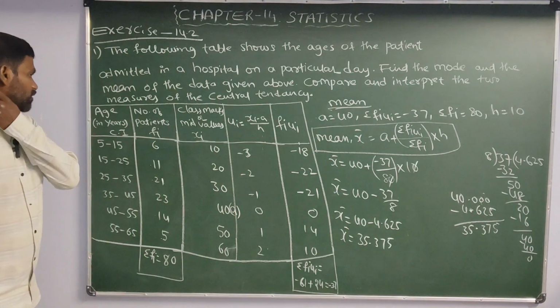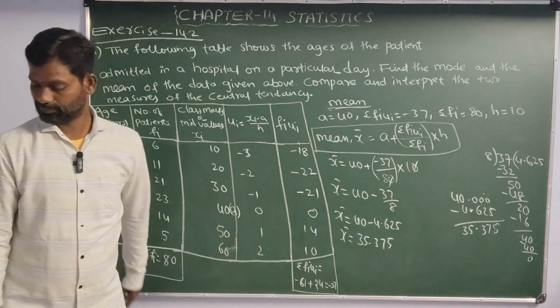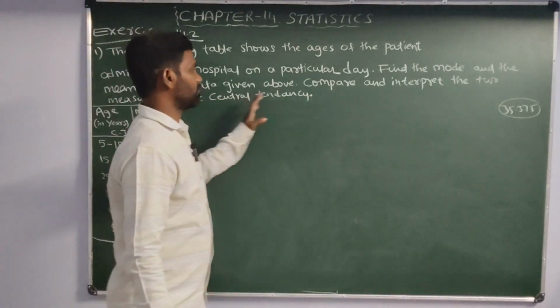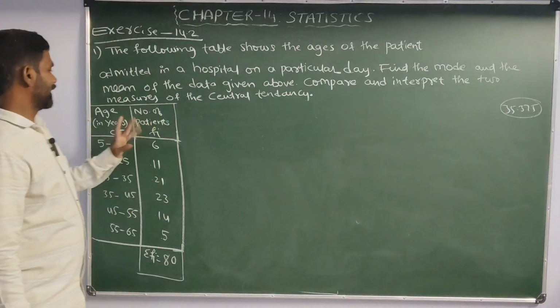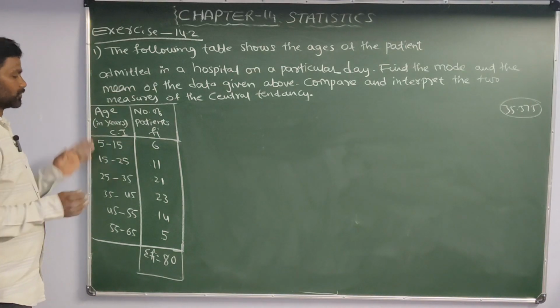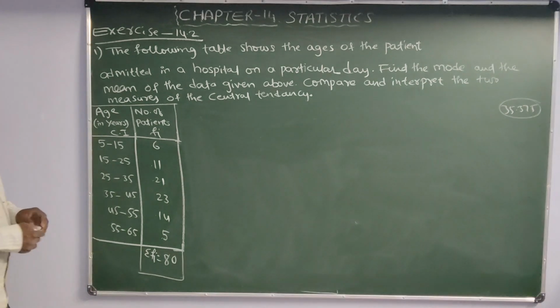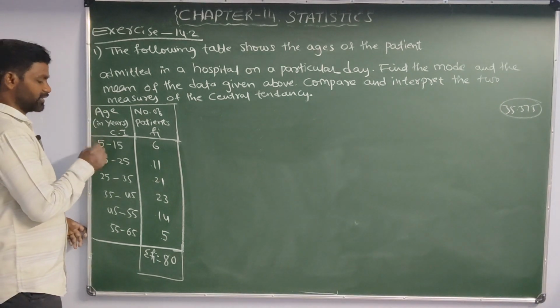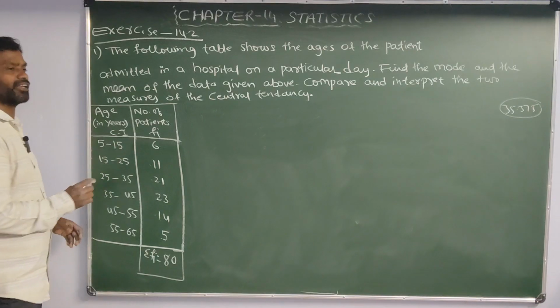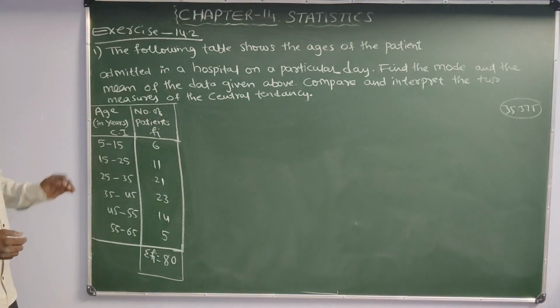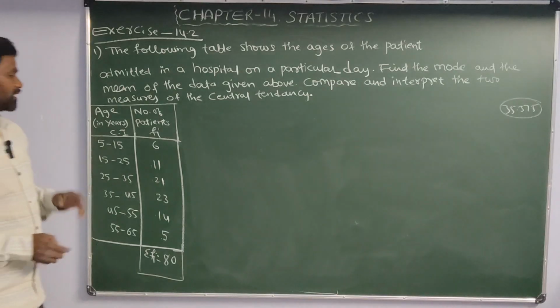Next we have to find the mode. Students, first of all we found the mean. Now in the given question, we have to check whether the class intervals are continuous or not. Which class intervals are called continuous?